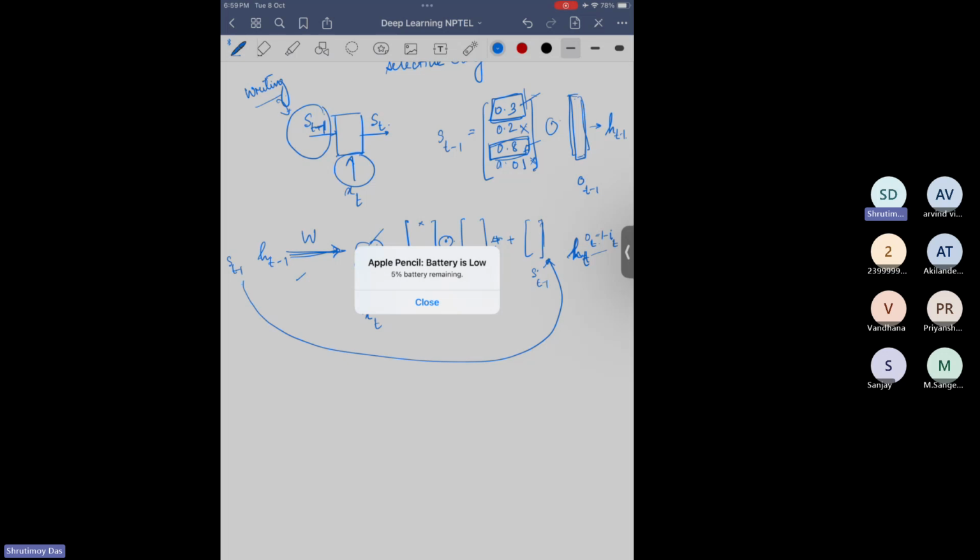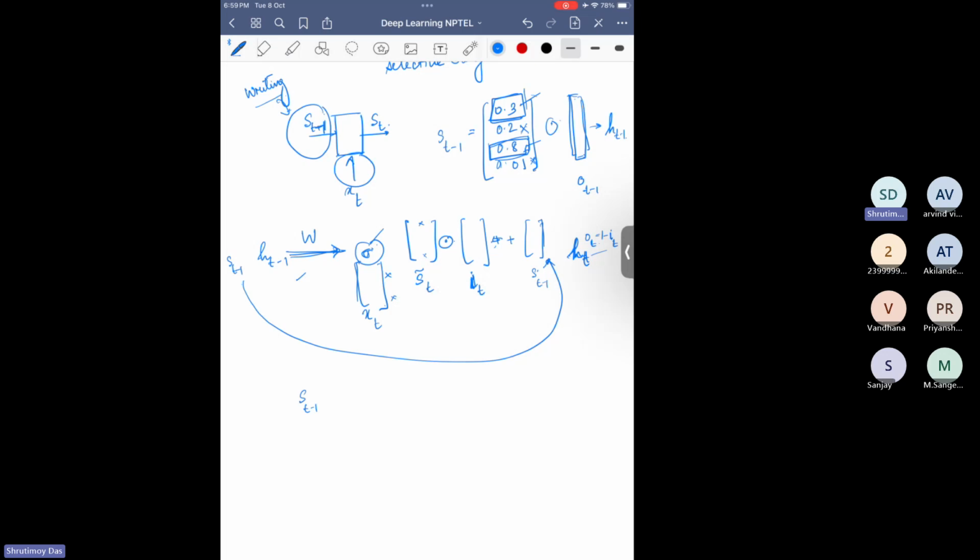So suppose I give you that my hidden state is st minus 1. I have some input gate or some forget gate ot minus 1. What is the output of this? If you know how to derive this, it is basically some function, right?